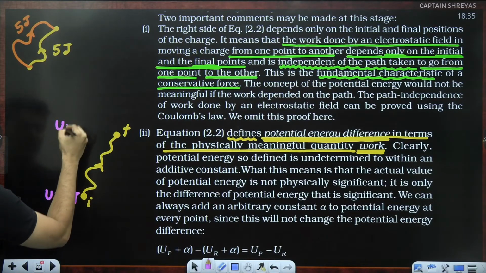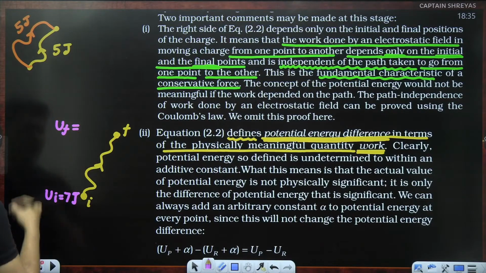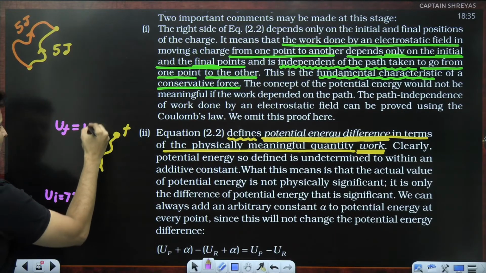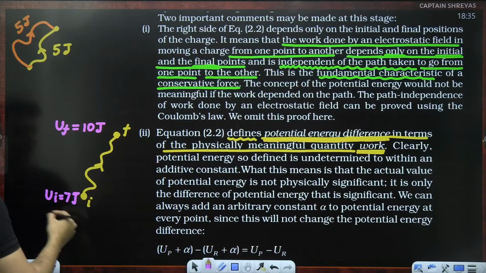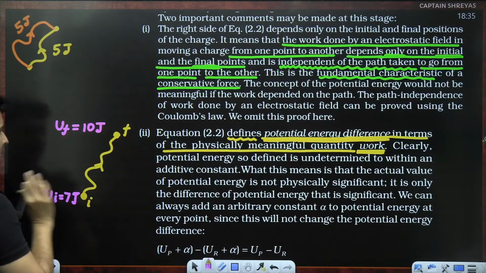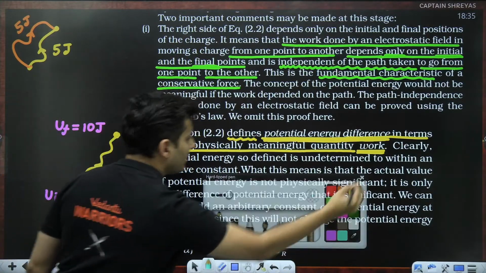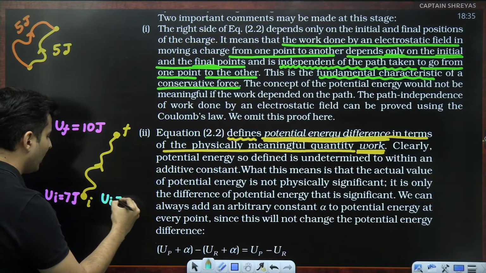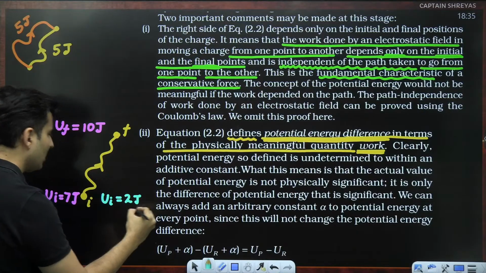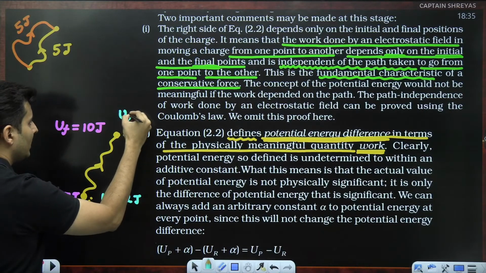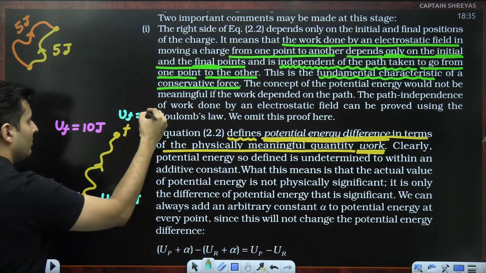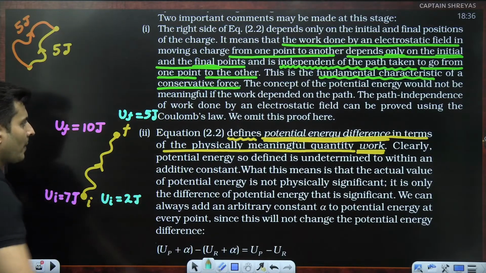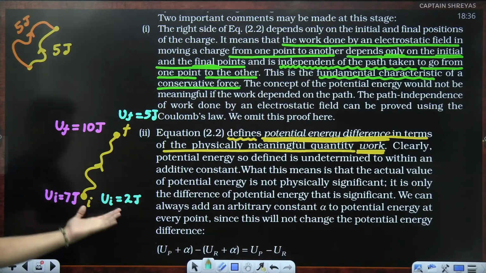That Pandu says the final potential energy at this particular point is 10 joules. Here it was 7 joules, here it is 10 joules. Another Pandu says no. At this particular point the initial potential energy was actually 2 joules and the final potential energy was basically 5 joules. Which Pandu was correct? The pink one or the blue one?